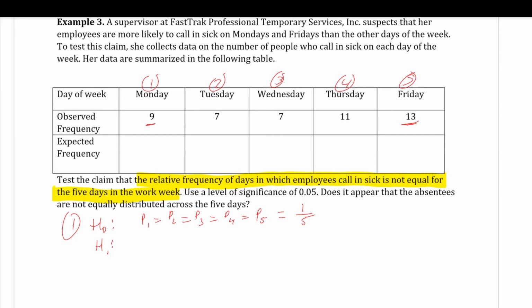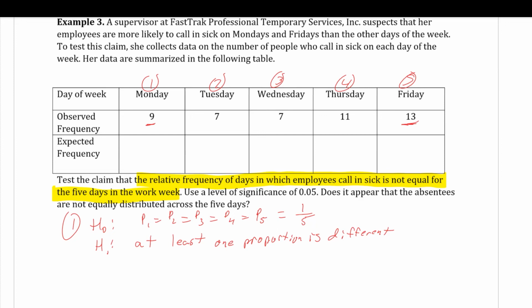And all we have to do is say that at least one of these proportions is different to prove that the null hypothesis is not right. That's all it takes. Now, what does our claim statement, the highlighted sentence, line up with? The null hypothesis or the alternative? Well, let's read that again.